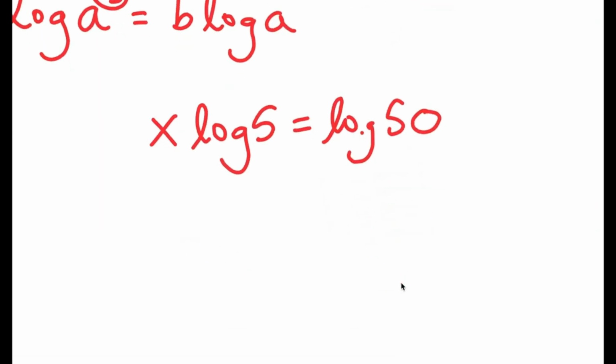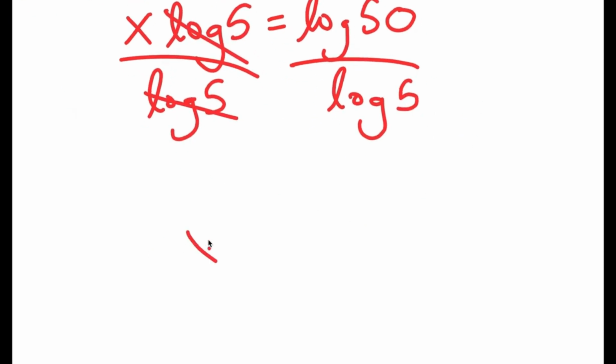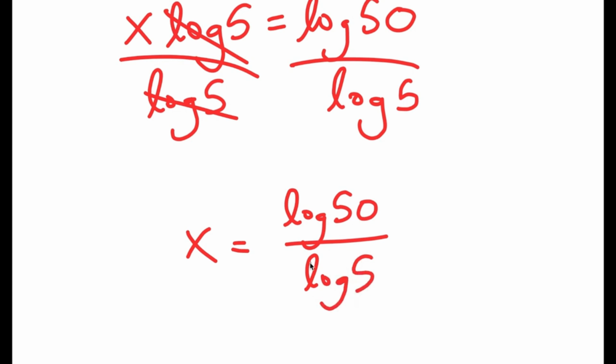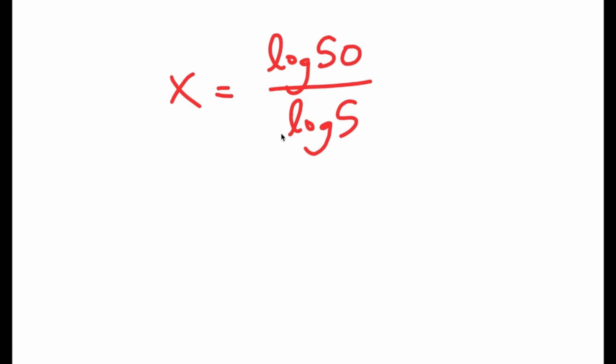And now remember, we want to find the value of x, so all we have to do is get rid of this log 5 by dividing both sides by log 5. So now these two cancel out, and I get x is equal to log 50 over log 5. And now, let's simplify this a little to get the exact decimal value. So log 50 is the same thing as log of 10 times 5.